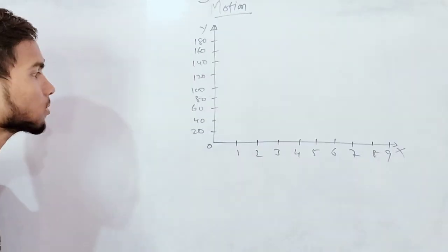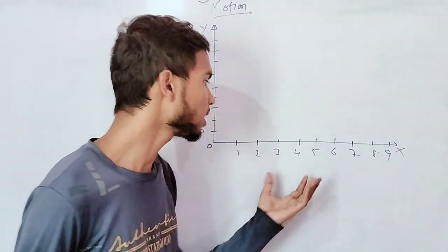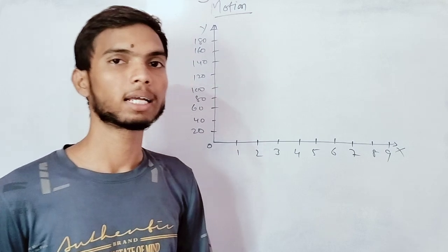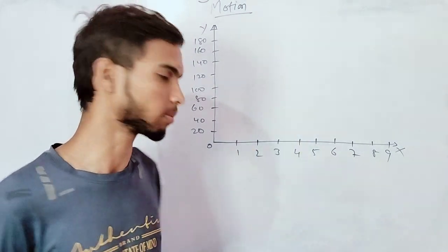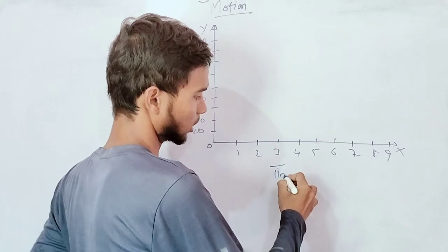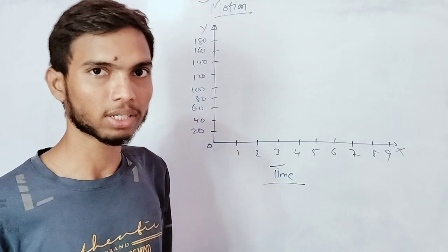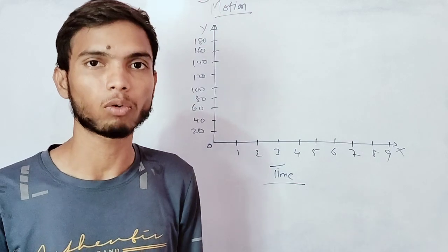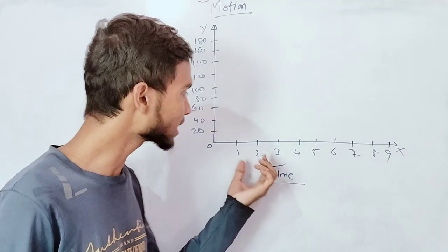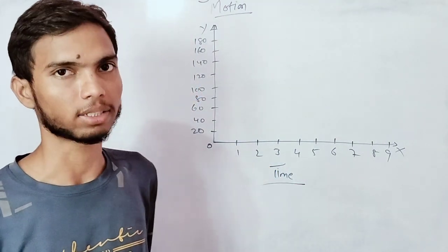Now we are considering this line as time. It will tell what the time is. Now it is not fixed that this line will be for telling time. No, you can consider this as distance.